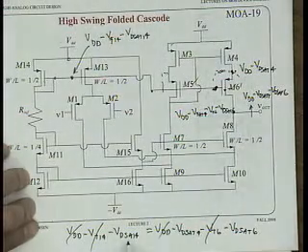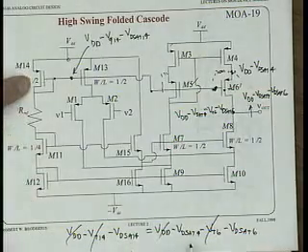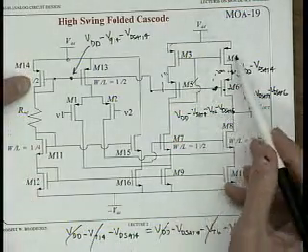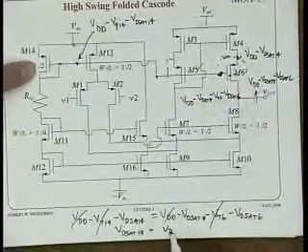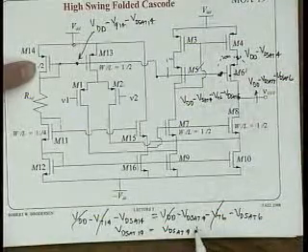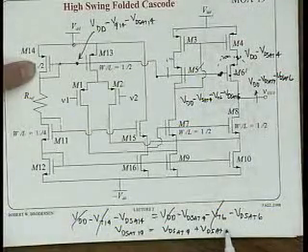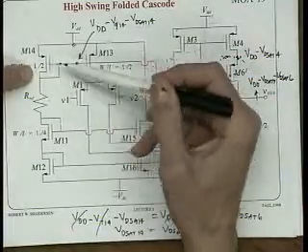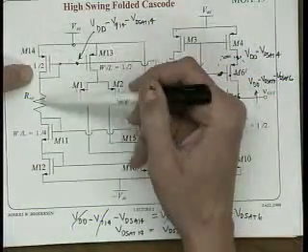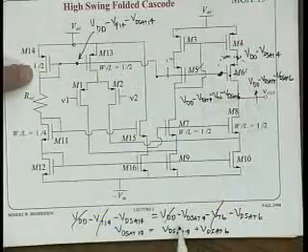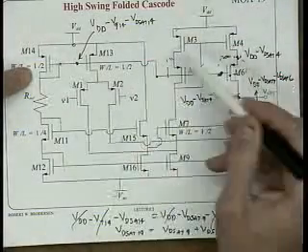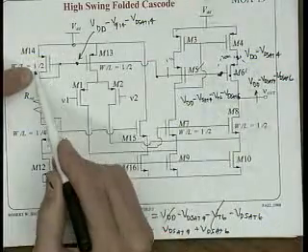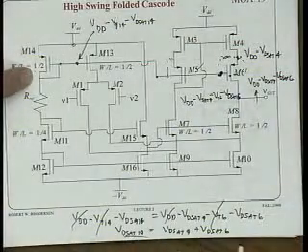So that means VDSAT of 14 needs to be equal to VDSAT of 4 plus VDSAT of 6. And we've done that by making this have twice the current and 1/2 the W over L. That's how. So that's the strategy: twice the current here from these, plus W over L being 1/2 of these, makes this condition true.